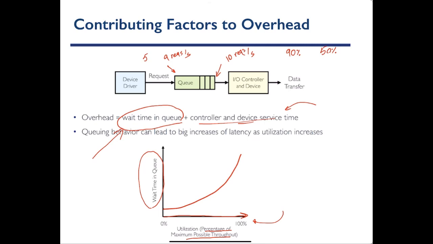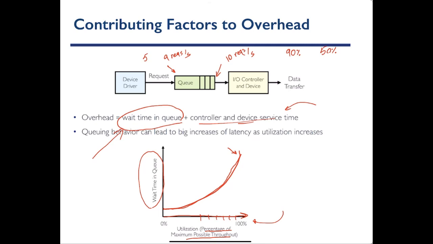The higher the utilization is, the higher your wait time becomes, obviously, but the increase is not linear or sublinear. It's actually exponential. So as you get closer and closer to your maximum throughput, your wait time increases exponentially.